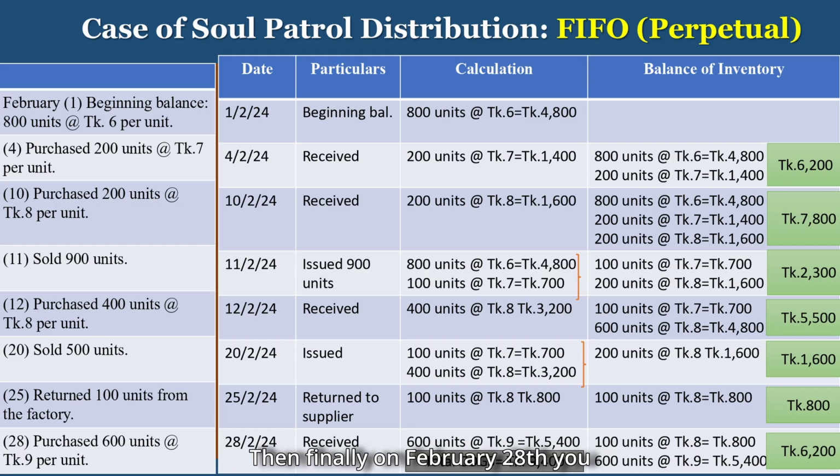Then finally, on February 28th, you have bought 600 units at taka 9. So the ending inventory at the end of 28th February should be 100 units at taka 8 and 600 units at taka 9. So the value of total ending inventory under the perpetual method should be 6,200, and the total cost of goods sold should be 9,400.